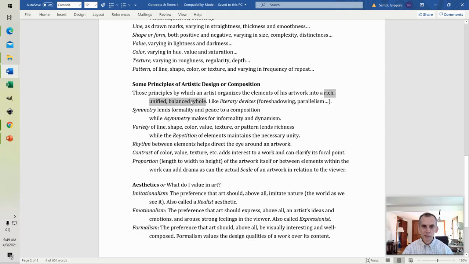I could do a whole Edpuzzle on that at your request, but let me just give you the analogy here, like literary devices. As I've been told, maybe some of the younger students have not yet studied what literary devices are in literature.